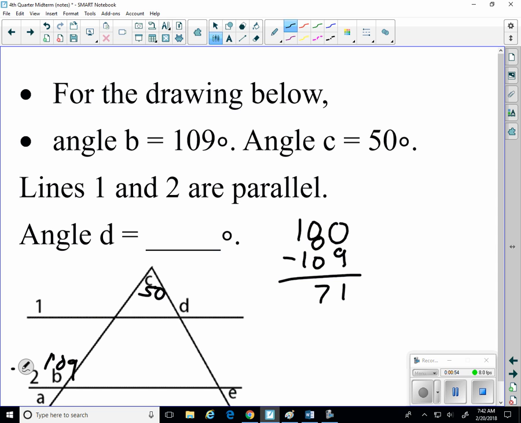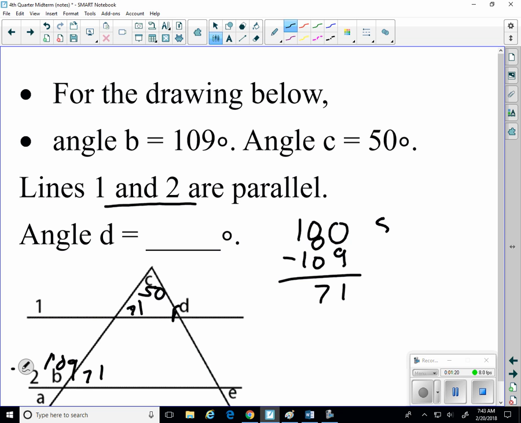So if A is 71, the vertical angle is also 71. And lines 1 and 2 are parallel, and so this angle here will also be 71, corresponding angle. And so to find this one here, all three angles of a triangle add up to 180.